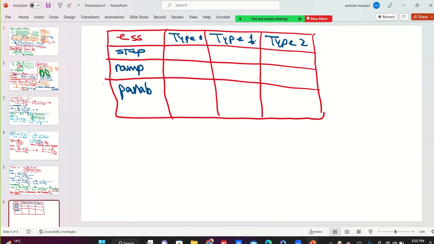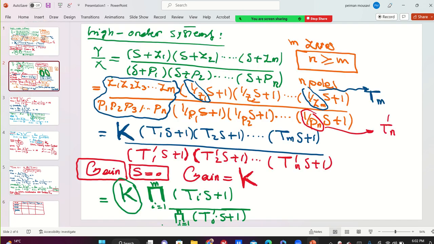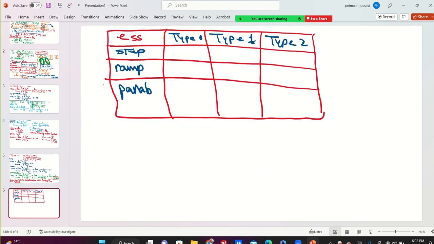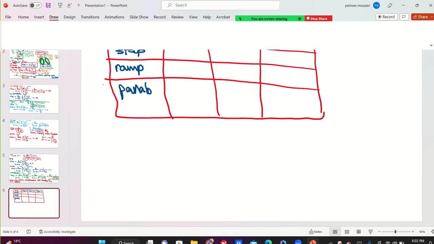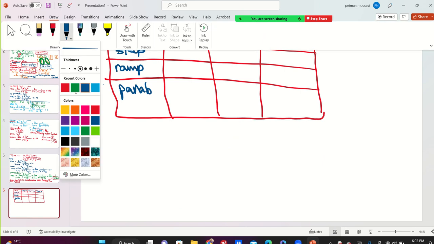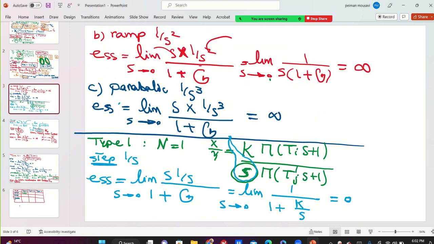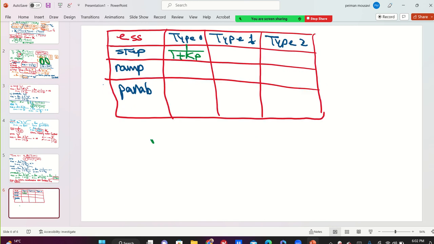So as you have seen, this is going to be 1 over Kp, infinity.